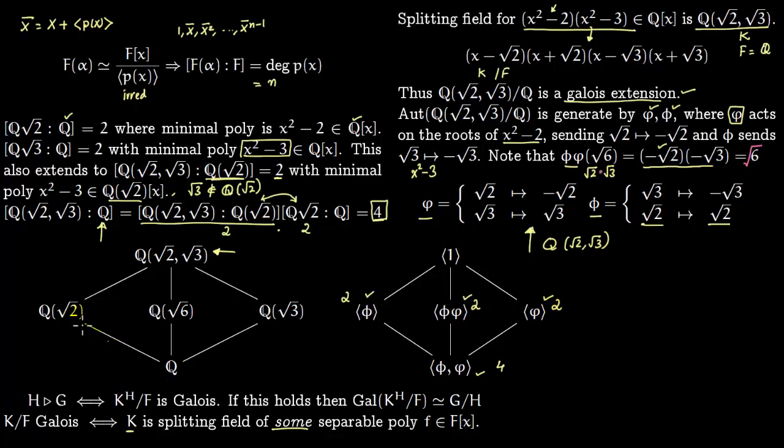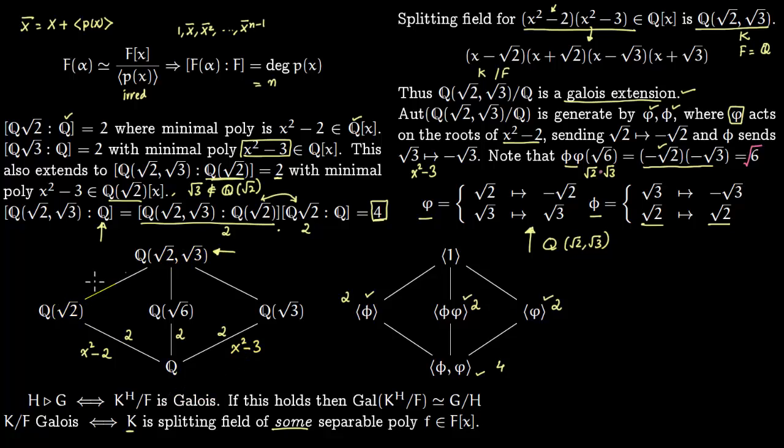Correspondingly here you get this extension, its degree is 2, corresponding to the polynomial x square minus 2. This again has degree 2, corresponding to the polynomial x square minus 6. This again has degree 2, corresponding to the polynomial x square minus 3.